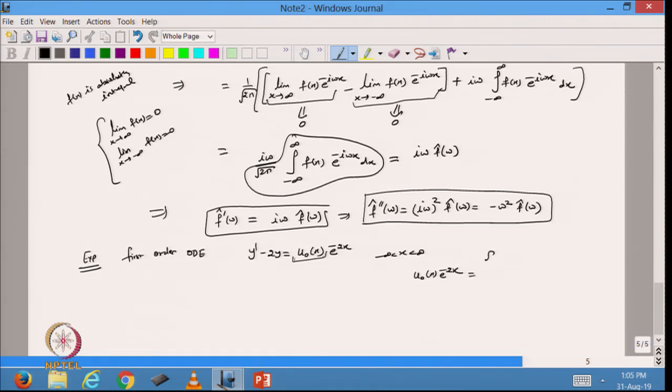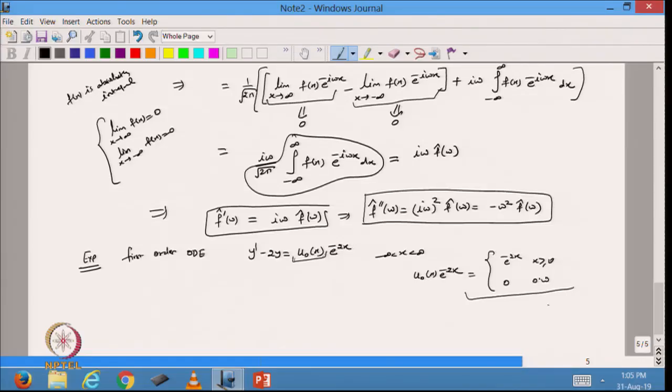So, if you see this one, then this is equal to e raised to power minus 2x when x is greater than or equal to 0 and 0 otherwise, because u naught(x) will be 1 when x is greater than or equal to 0. So, in that case I will get this value, otherwise the value is 0. So, this function satisfies all the conditions, and it is a decay function, and I know that the limit x tends to infinity of e raised to power minus 2x is 0.